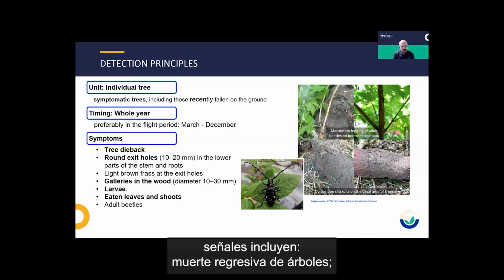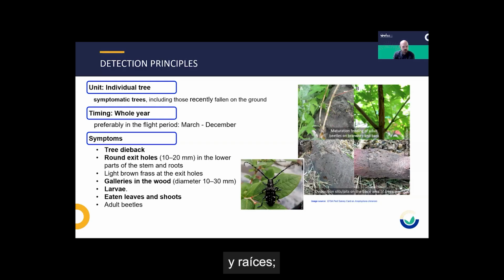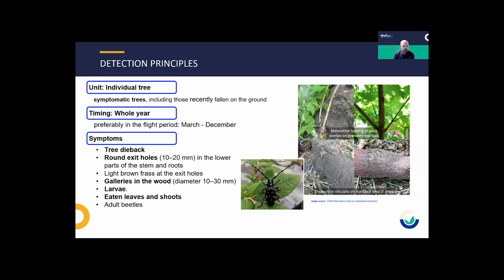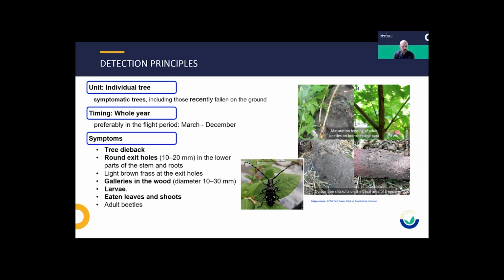The symptoms and signs we have to be looking for are tree dieback, round exit holes from 10 to 20 millimeters in diameter in the lower part of the stem and roots, light brown frass at the exit holes, and galleries in the wood where the diameter is 10 to 13 millimeters.